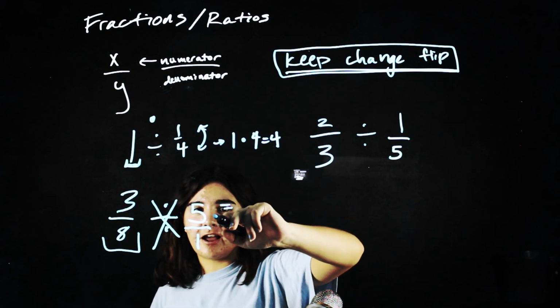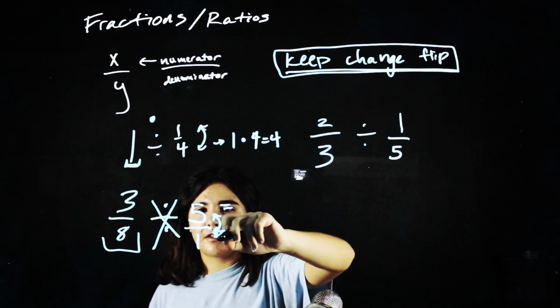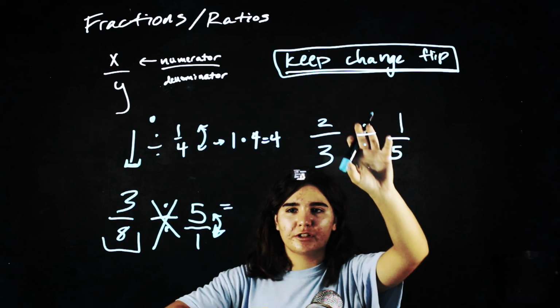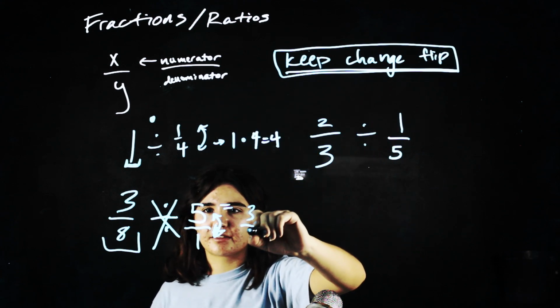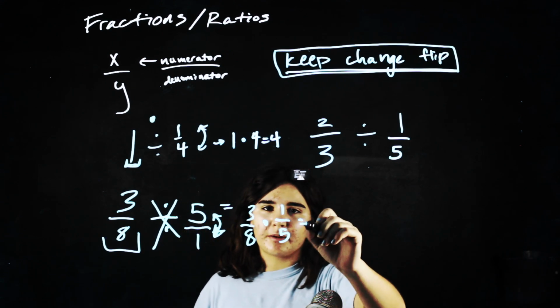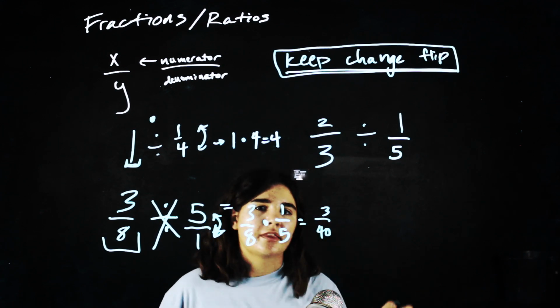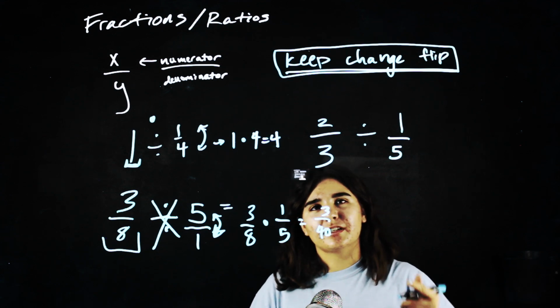So now we can flip it to be 1/5, right? By flip the fraction, I just mean change the denominator to numerator and numerator to denominator. So this is going to get us to be 3/8 times 1/5, multiply per usual, and that's going to get us 3/40.